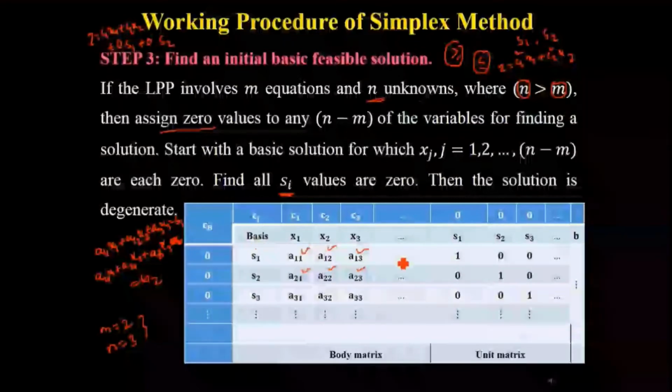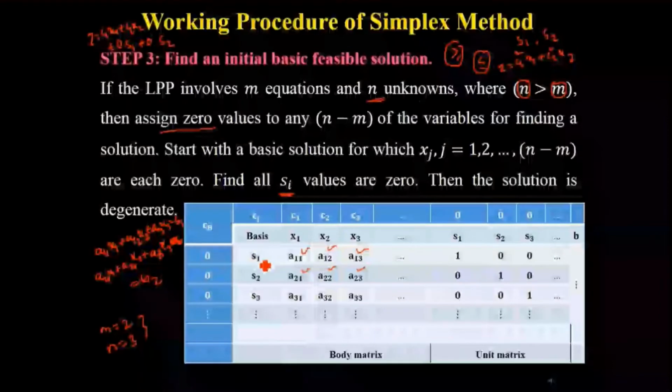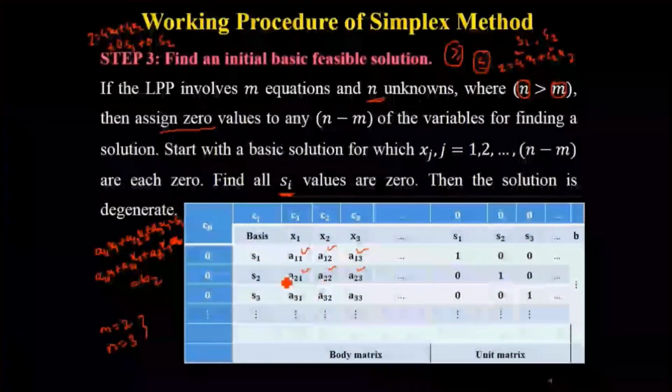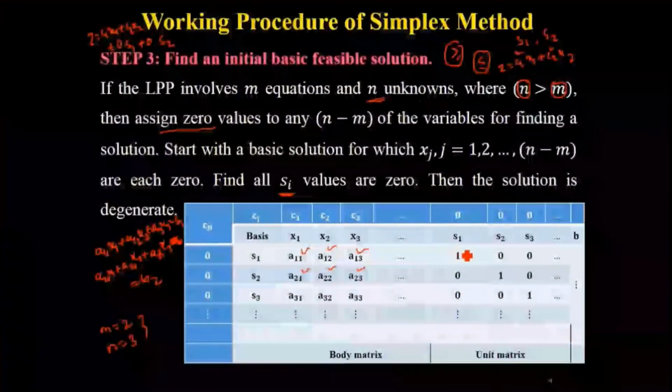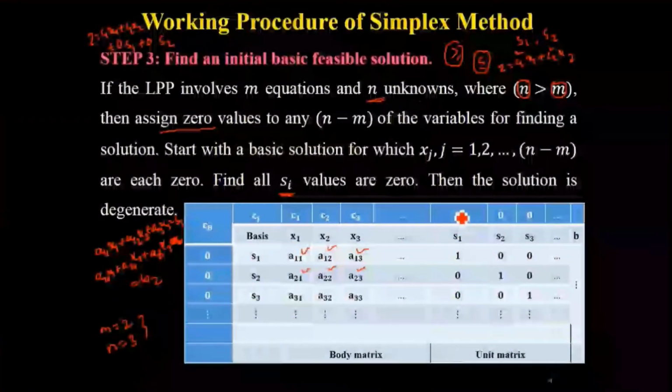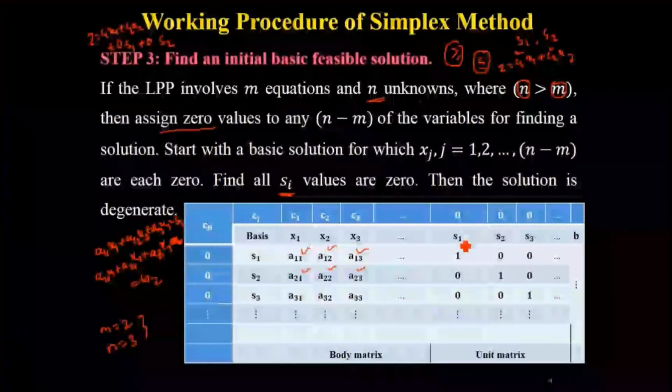And next you will start with s1, s2, s3: the s1 coefficient will be 1, so the basis will be s1, s2 will be 1, s3 will be 1, and we have to write s3. And the corresponding objective function coefficient will be what? S1 coefficient, what I have written here, 0 into S1 plus 0 into S2. Like that, whatever surplus and slack variable, their contribution in the objective function will be 0.